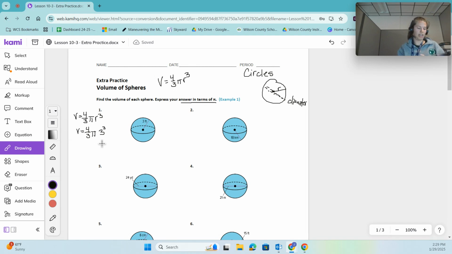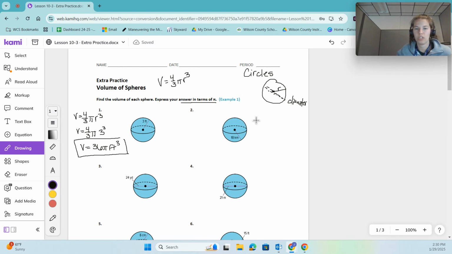In your calculator, you can use this arrow button here to type in cubed. So it's going to look like 4/3 times 3, that arrow, and then the number 3 to the third power. Multiply both of those and we get 36. So our volume is equal to 36 pi feet cubed, again feet cubed because it is volume.